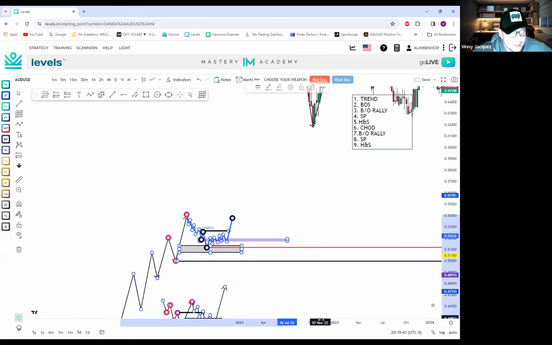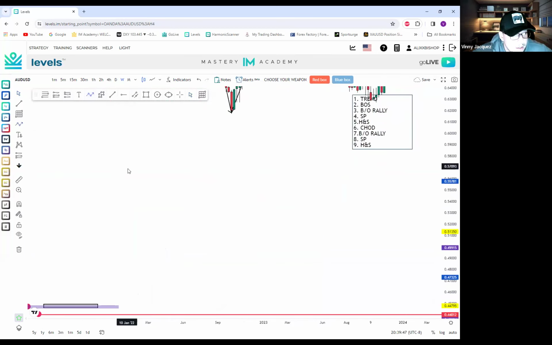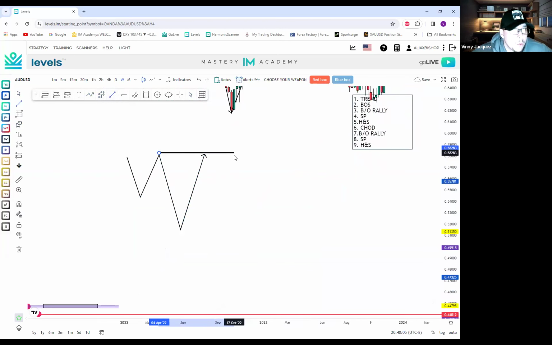Let's delete this real quick just so I can break that down. We don't take buys off 100% head and shoulders. When market drops down and then comes right back with 100% where it dropped from, a lot of people are looking to buy as soon as it comes right back down to the shoulder, right?